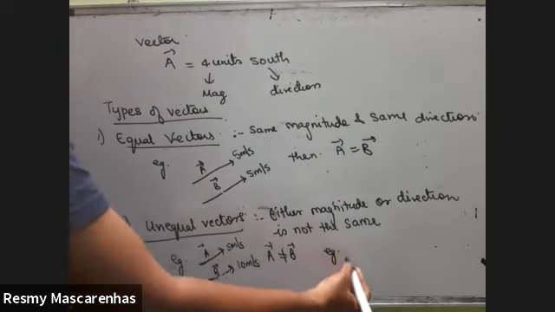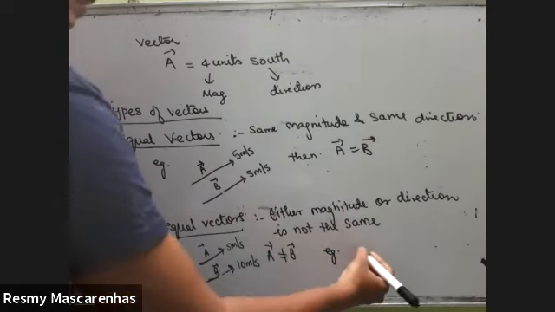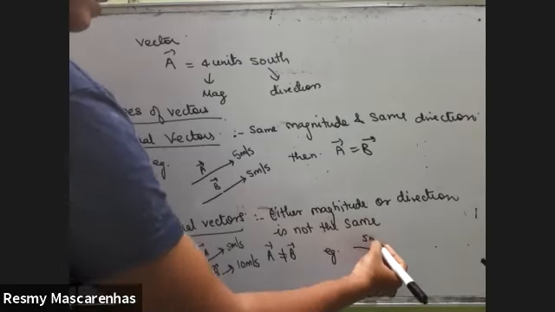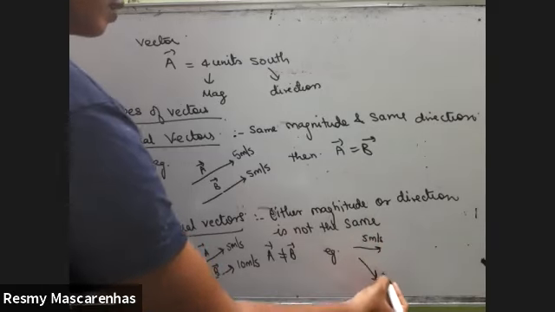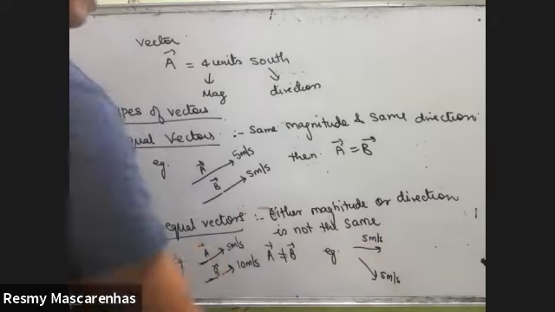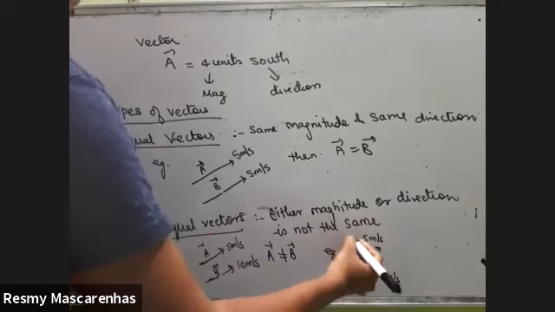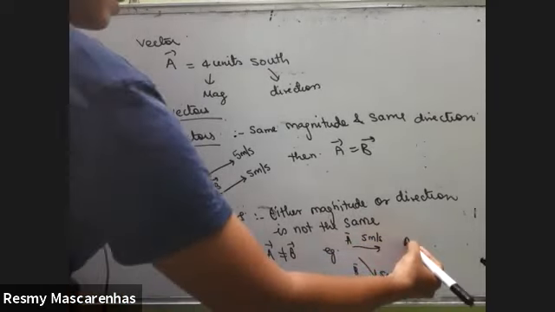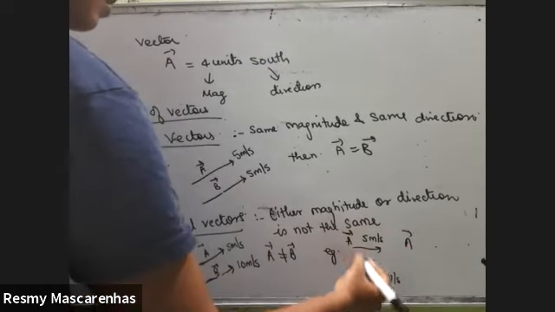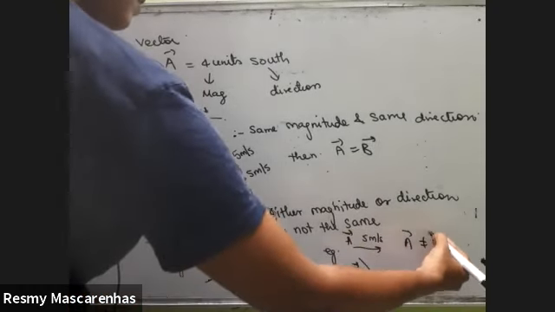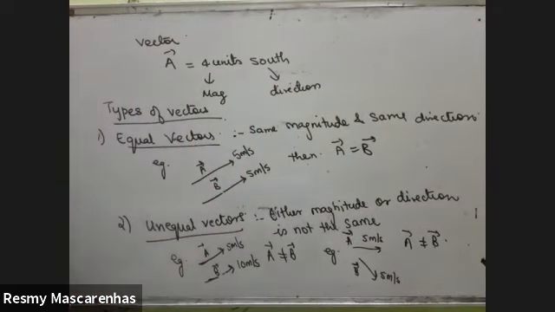Another example. This one is 5 meters per second. This one is also 5 meters per second. But A bar is not equal to B. Here what is happening? Same direction, but different magnitude.